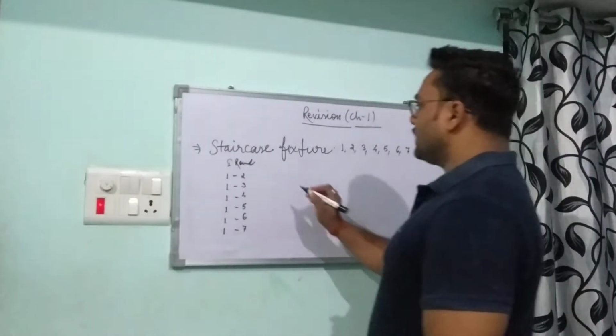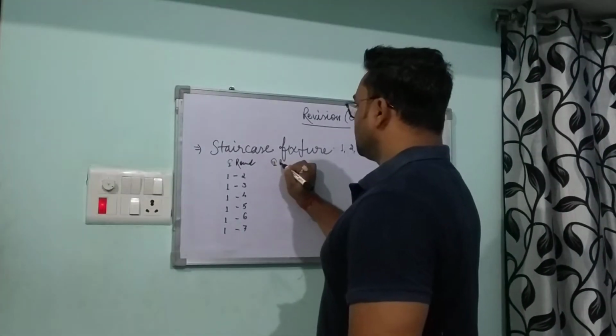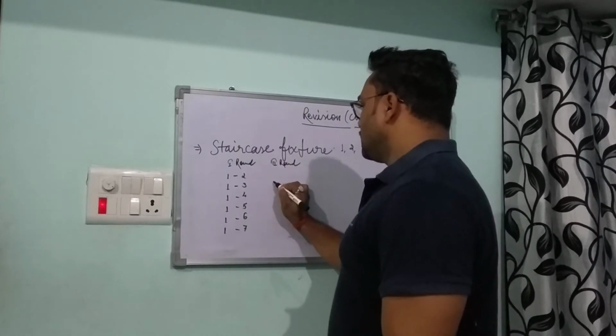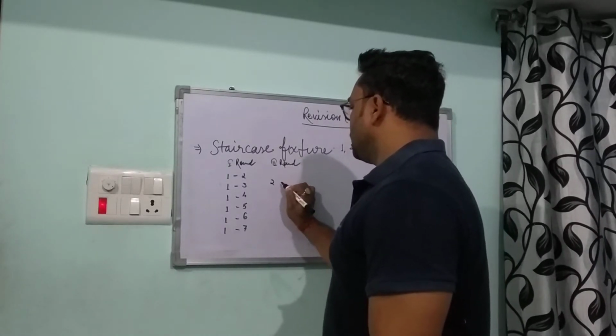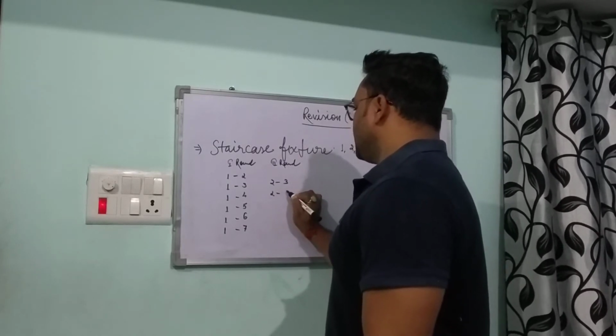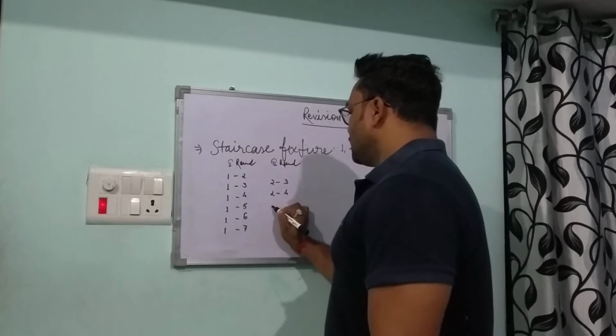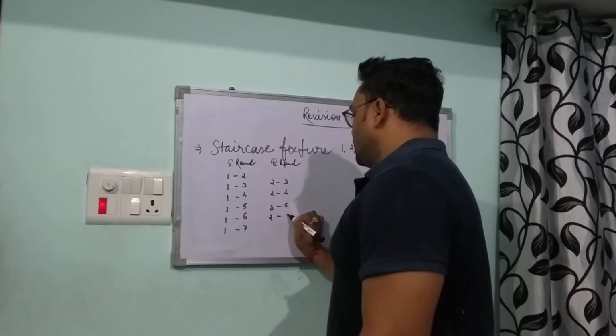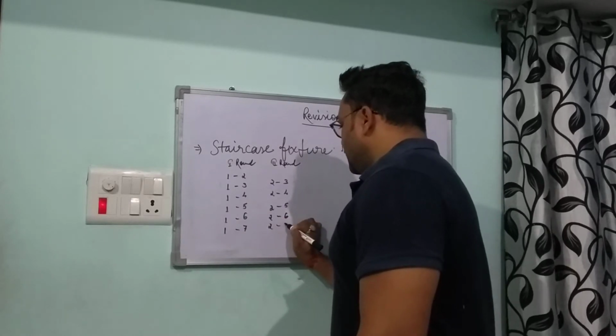Now in the second round, team 2 will play with 3, 2 will play with 4, 2 will play with 5, 2 will play with 6, and 2 will play with 7.